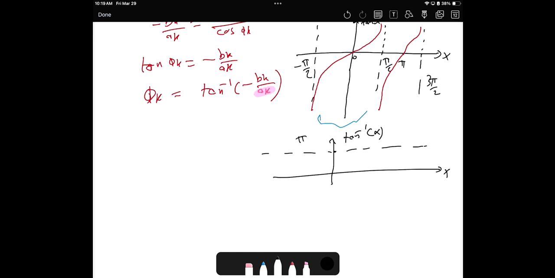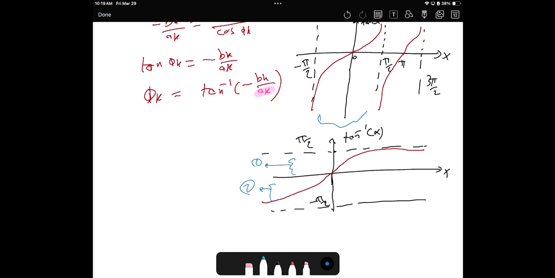So here's pi over 2, here's negative pi over 2. What matters to us is whether we are in this region or this region. This region will be number 1, this region will be number 2.